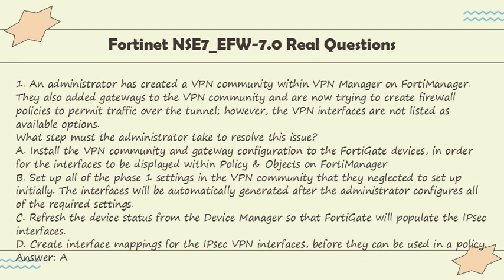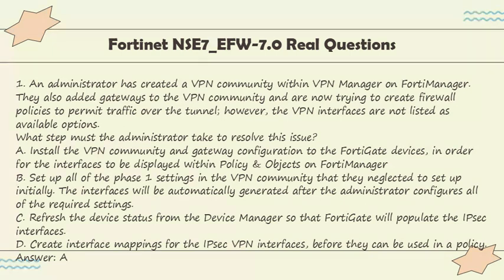A. Install the VPN community and gateway configuration to the FortiGate devices. In order for the interfaces to be displayed within policy and objects on FortiManager. B. Set up all of the Phase 1 settings in the VPN community that they neglected to set up initially. The interfaces will be automatically generated after the administrator configures all of the required settings.